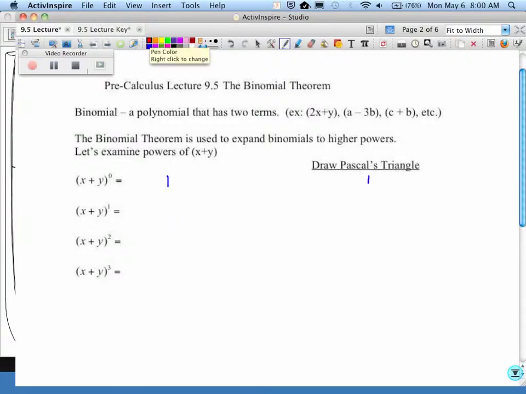What's x plus y to the first power? X plus y. What are the coefficients in front of x and y? What's x plus y squared? Please don't tell me x squared plus y squared.